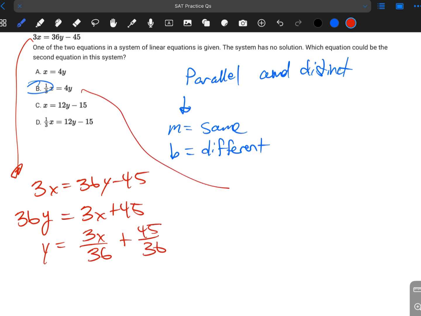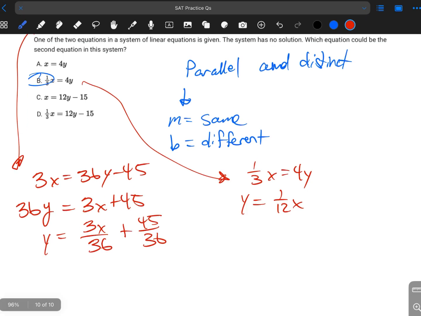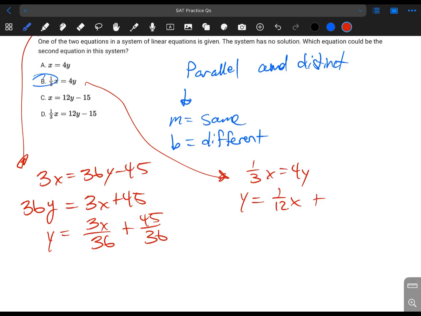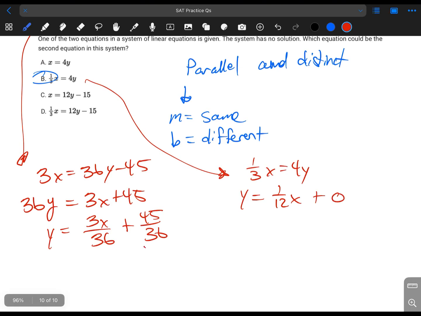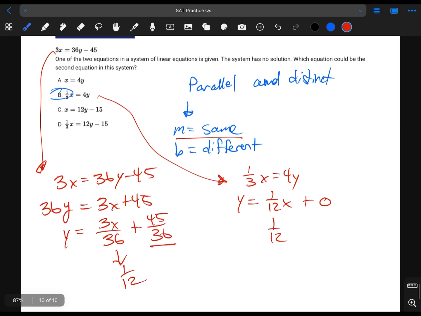And our answer choice, if we rearrange this, 1/3 x is equal to 4y. Y is equal to 1 over 12 x. So you know our y-intercept is different because this is 0 and this is 45 over 36. And you know our slopes are the same because the slope is 1 over 12 and the slope here is 3x over 36, which is the same as 1 over 12. So our logic is correct.